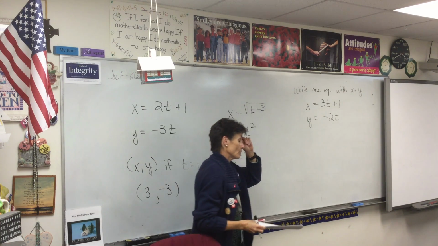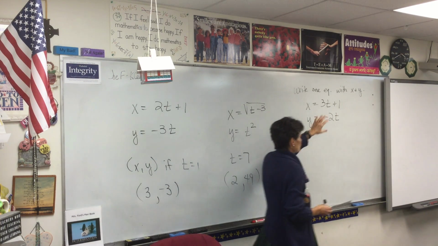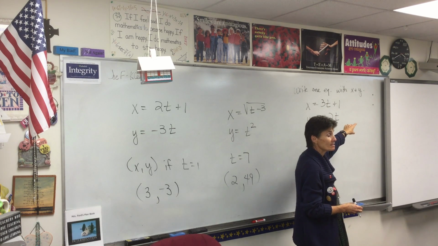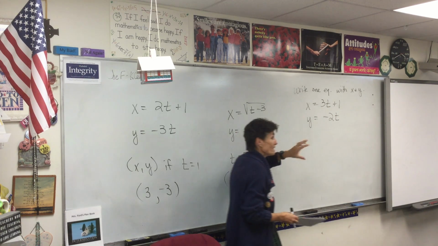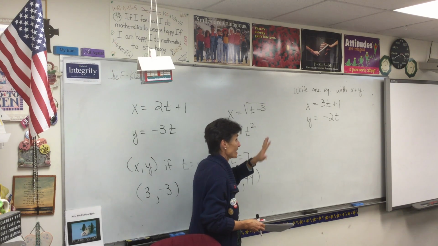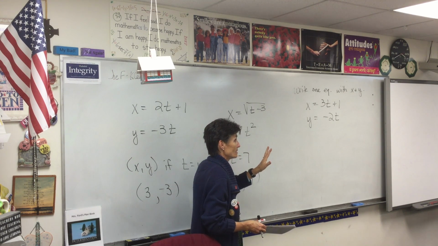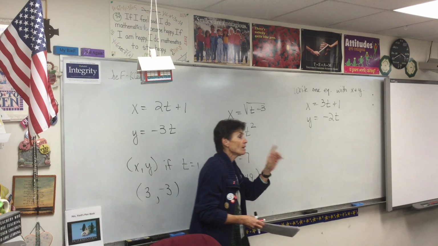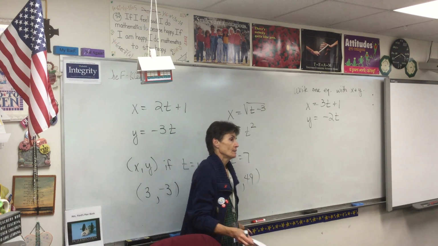So in other words, instead of having 2 equations that include t's, you're going to have one equation that has just x's and y's. Okay? Now you might not have ever done that before, but you know how.